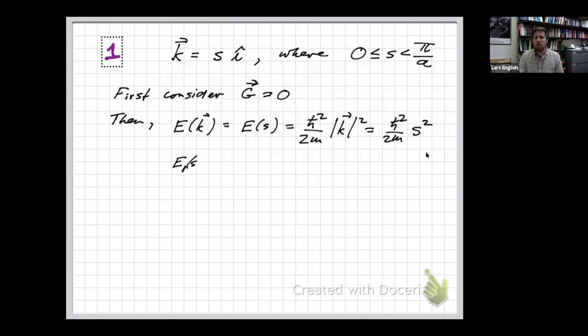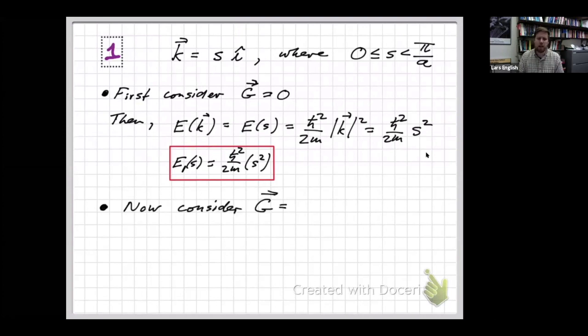Okay, and so here's our first energy formula. We get the framed equation.